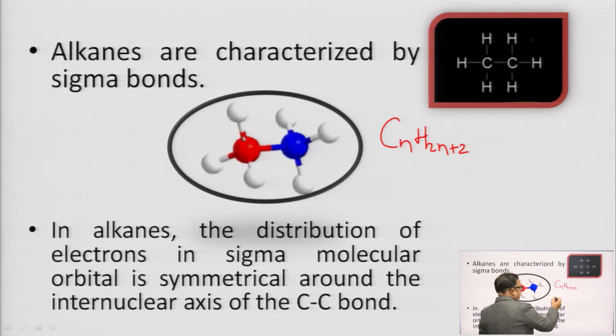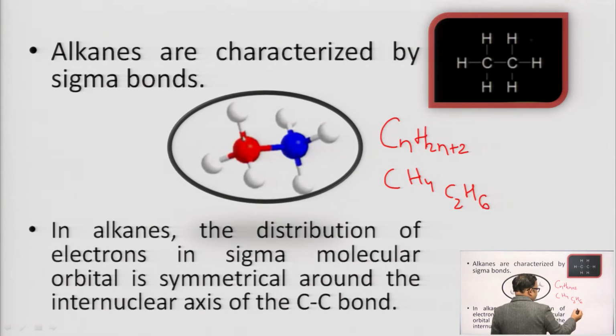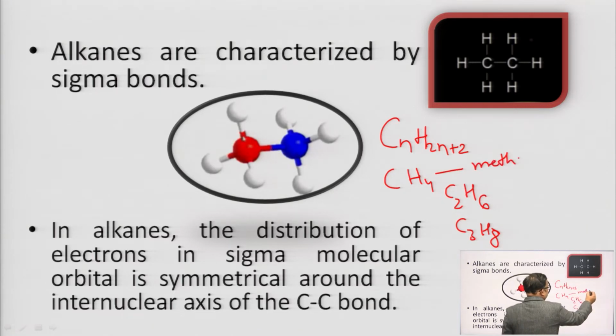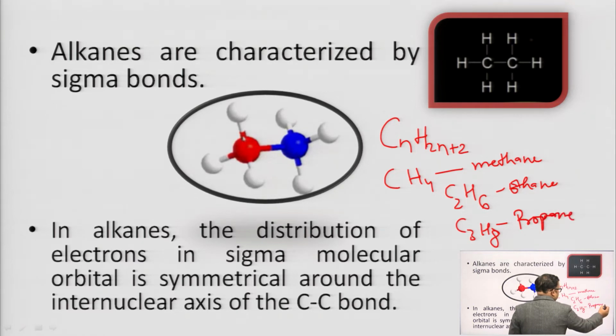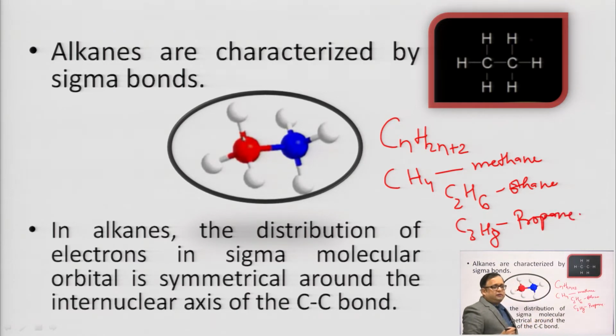For example, methane CH4, ethane C2H6, and propane C3H8. So, conformational isomerism has to be discussed more with reference to the alkanes.